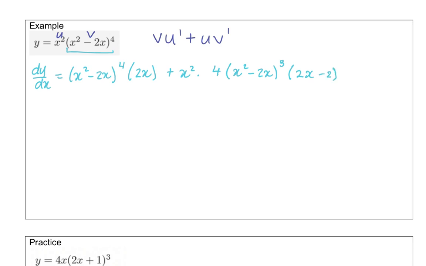Now we can tidy this one up a bit. We've got 4 times x squared, so that's 8x cubed, (x squared minus 2x) to the power of 4, (x squared minus 2x) cubed, and (2x minus 2).